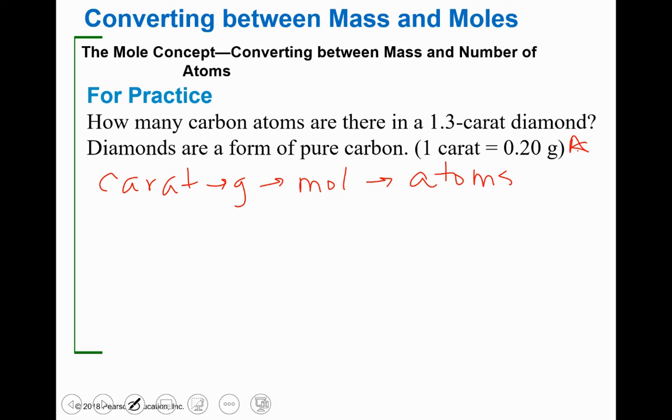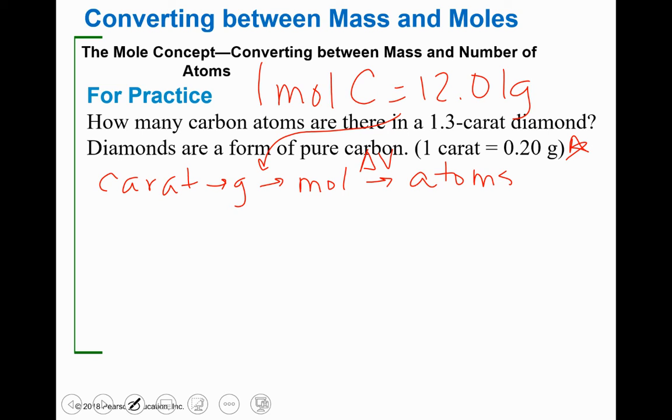It gave me the conversion to go from carats to grams. From grams to moles, I'm going to need the molar mass of carbon. I've actually already looked that one up, and it's 1 mole of carbon is 12.01 grams. So we'll use that for this conversion. And then moles to atoms, we'll use Avogadro's number.